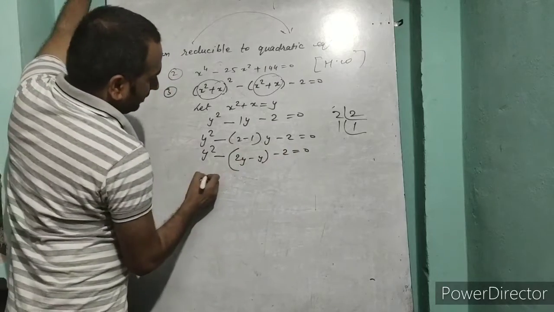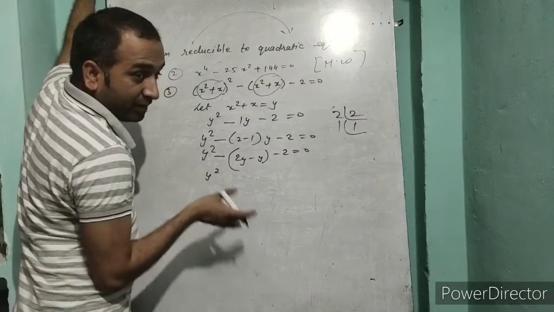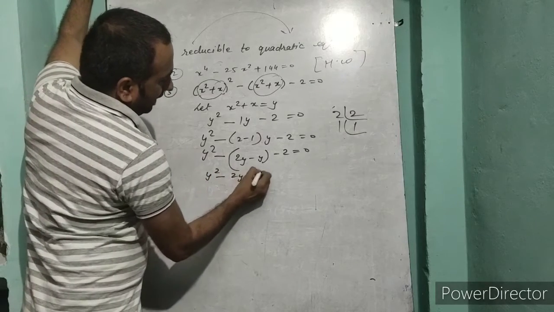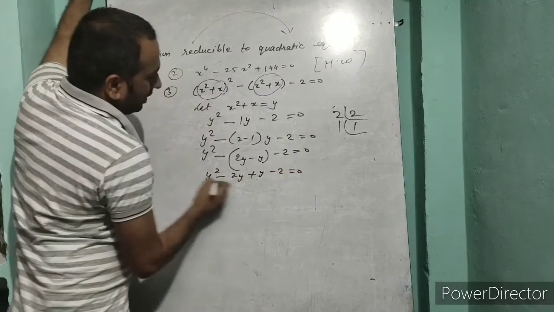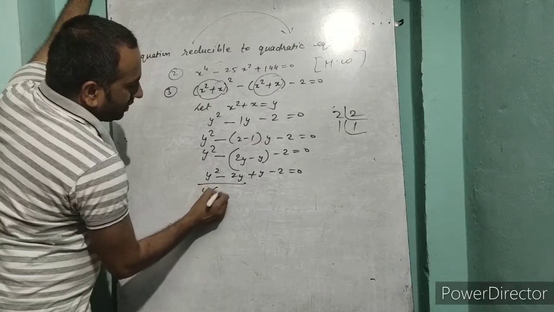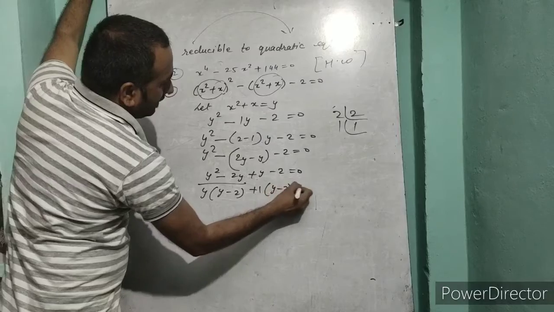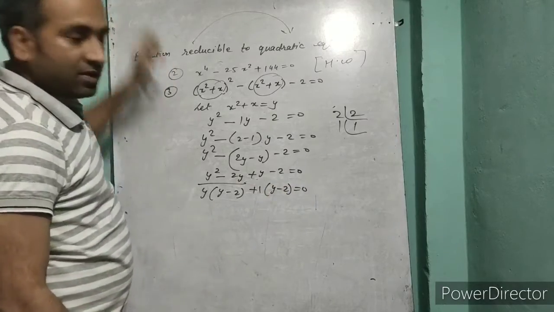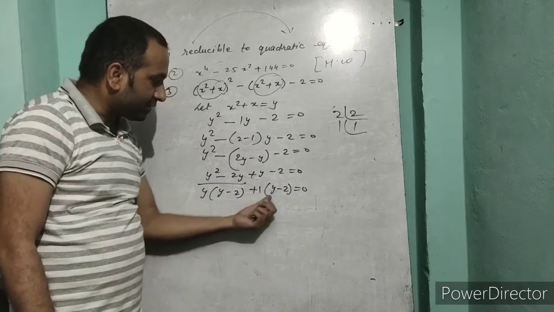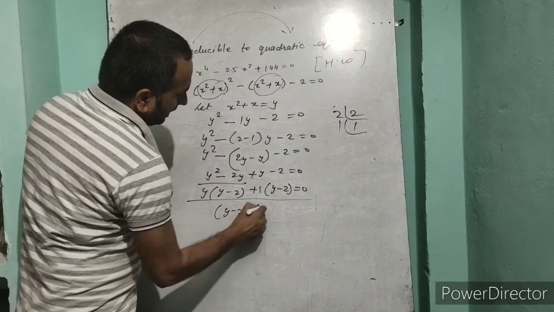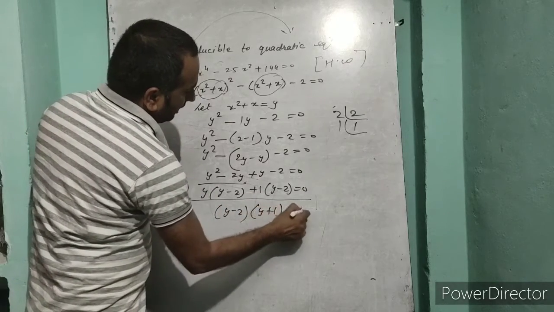Now open it. So y square, now I am opening the bracket, it's minus 2y plus y minus 2 is equal to 0. Here what is common? y is common, so we get y minus 2, and plus 1 is common here, y minus 2 is equal to 0. So y minus 2, here what is common? We get (y minus 2)(y plus 1) equal to 0.